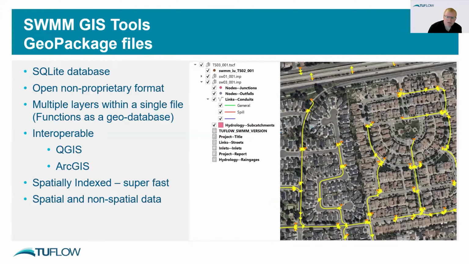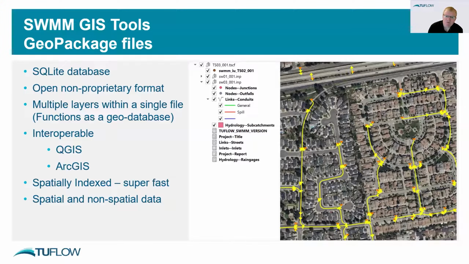So, taking a little bit of a step back, when we decided we wanted the SWM data inside of GIS, we had to talk about how we want to store it in GIS and how we want to work with it. We decided to store the data in GeoPackage files.